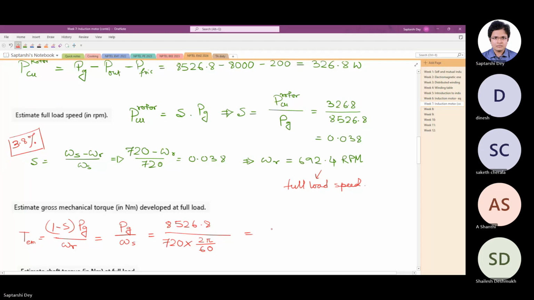This will give you the gross mechanical torque.